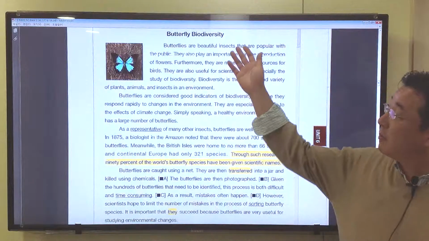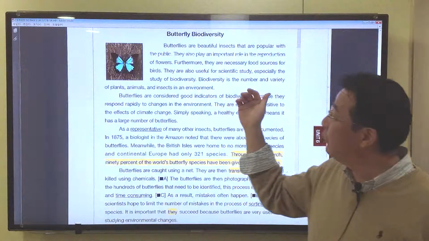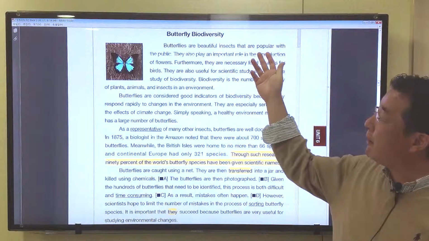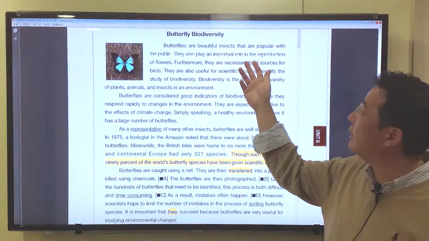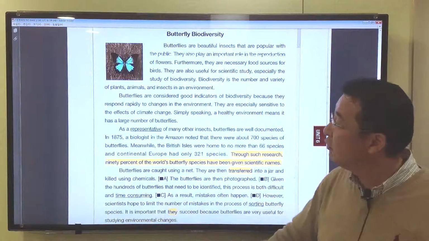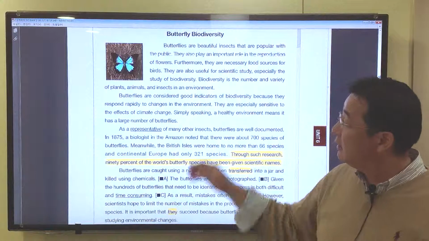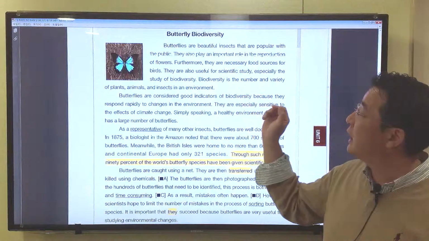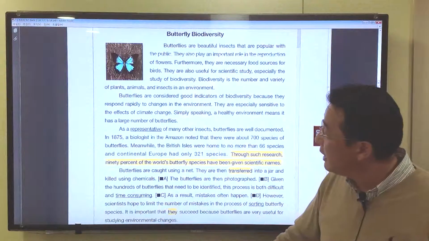Alright? So, butterfly biodiversity. Butterflies are beautiful insects that are popular with the public. They also play an important role in the reproduction of flowers. Furthermore, they are necessary food sources for birds. They are also useful for scientific study, especially the study of biodiversity.